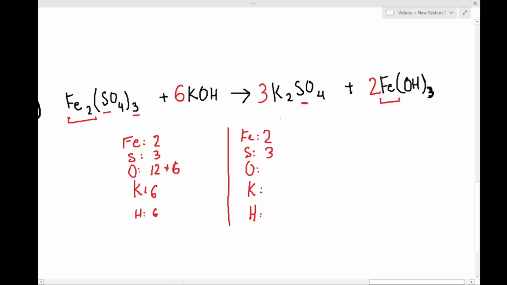And then I have, again, 3 times the 4, I have 12 oxygens, plus 3 oxygens here, multiplied by 2, which gives me plus 6. And then potassium's 3 times 2, 6, and also 3 hydrogens. But then you multiply that by 2 and you get 6. So the equation is completely balanced.